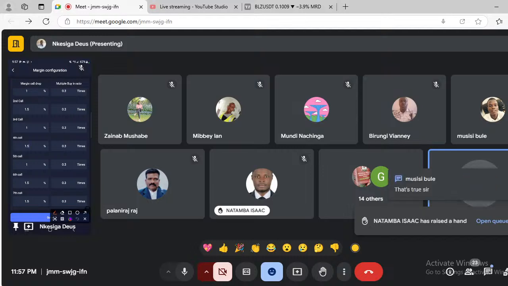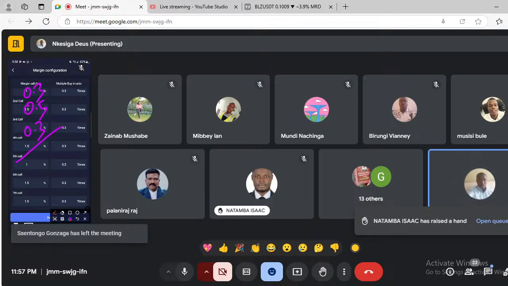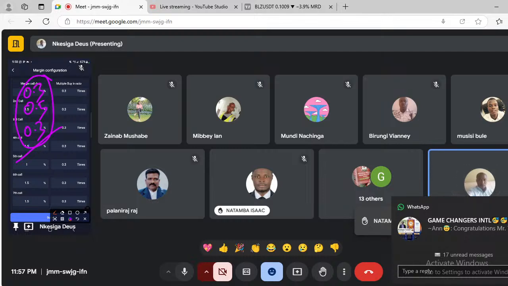The same person gave you 0.3, 0.5 to use them as the drop. The same person, after dropping and we don't have more money to buy margin calls, the same person is now advising you, you know what? Add more money and we open more margin calls. What were you doing here? You wasted your money.